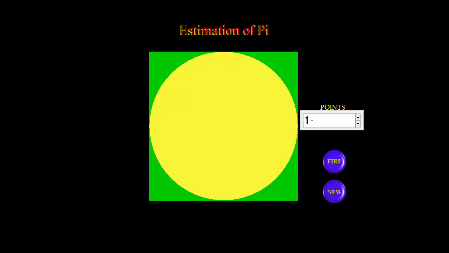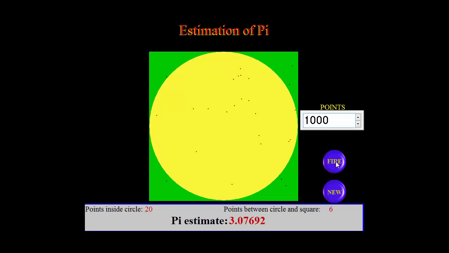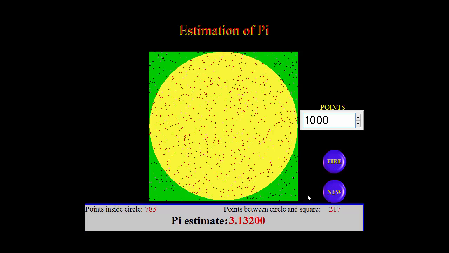Let's suppose we start with 1000. Click on Fire, and you can see very quickly we've got the number of hits inside the circle, which is 783, and outside the circle on the green, 217. The estimate for pi, using the formula of the ratio that we obtained earlier, we have 3.13200.